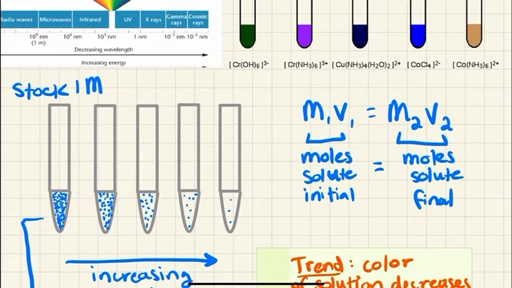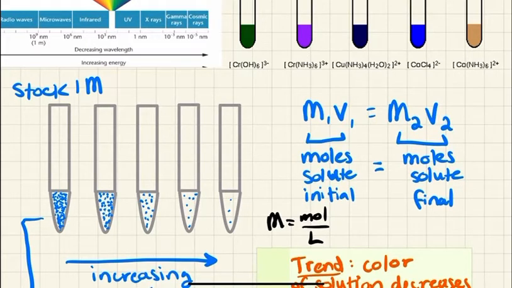We have discussed previously the concept of molarity, but molarity is moles over liters. And so if I take molarity times liters, that gives me moles.